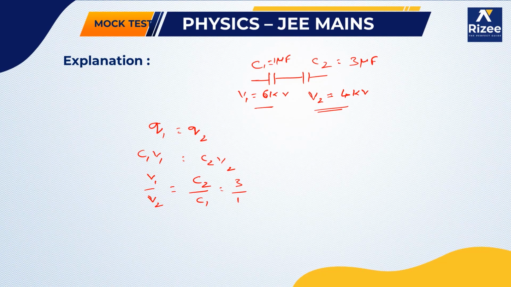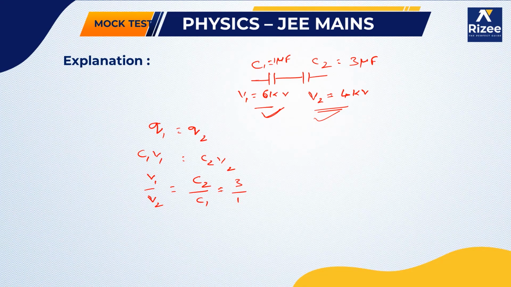That means 3 parts of the total potential will be dropped at the first capacitor, and 1 part will be dropped across the second capacitor.